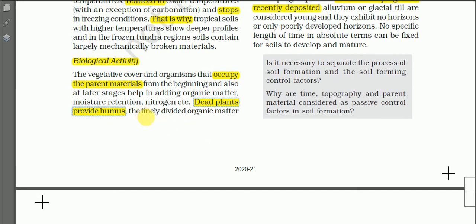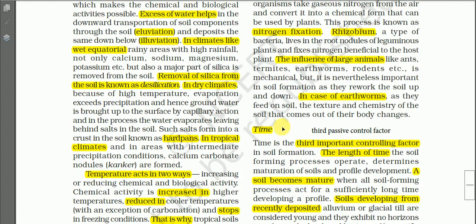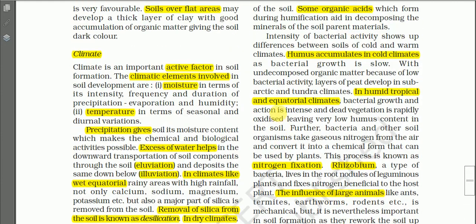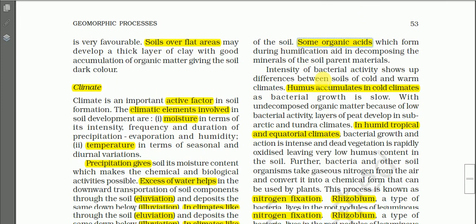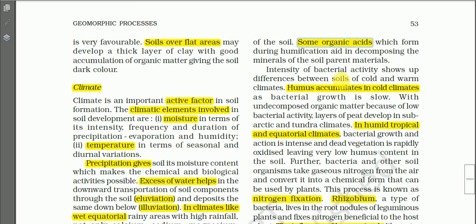Humus is partially decomposed organic matter, the finely divided organic matter of the soil. Then some organic acids which form during humification help in decomposing the minerals of the soil.